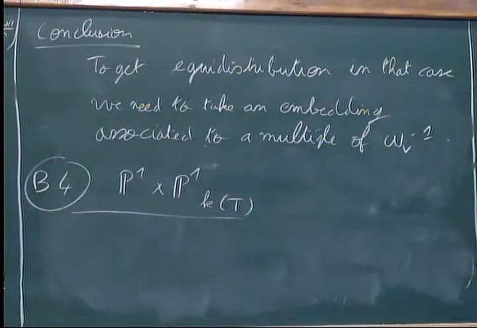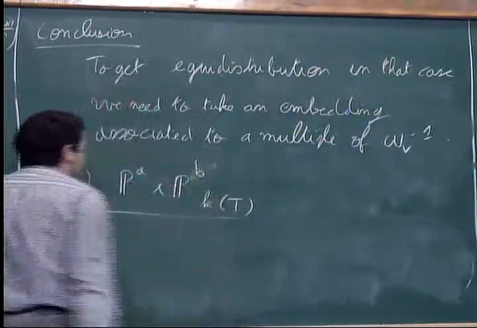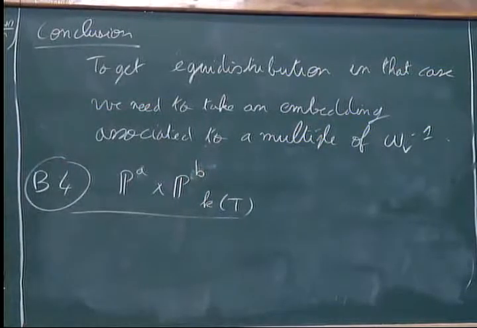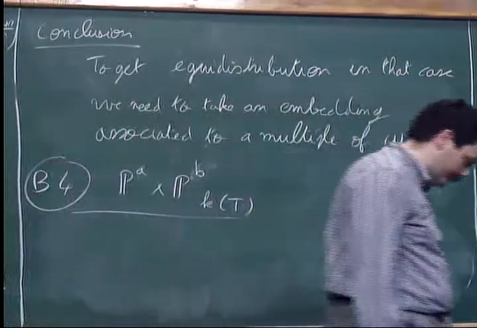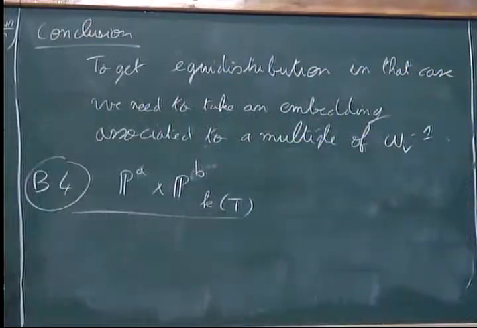Well, in fact, I do it exactly for a product of two projective spaces. Well, the result is quite obvious. Namely, well, of course there is a B degree there.